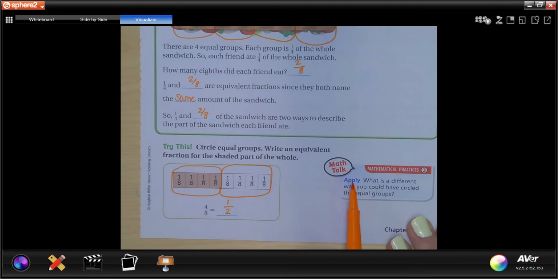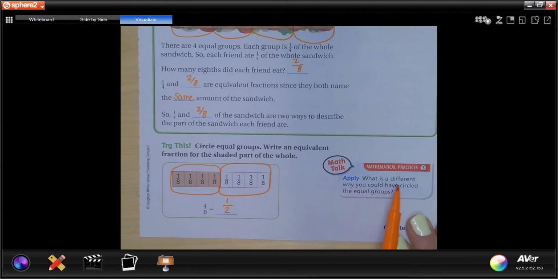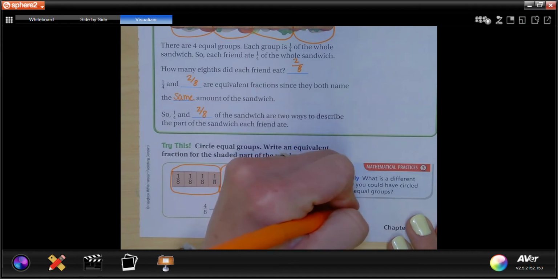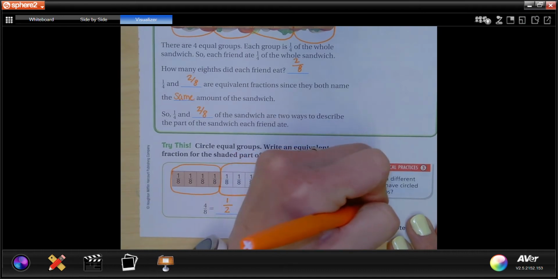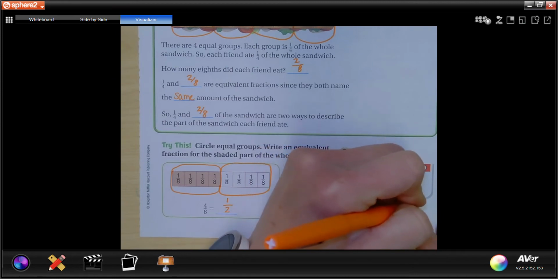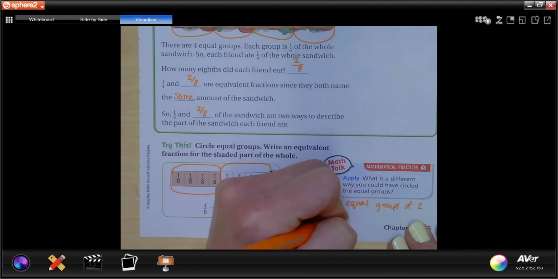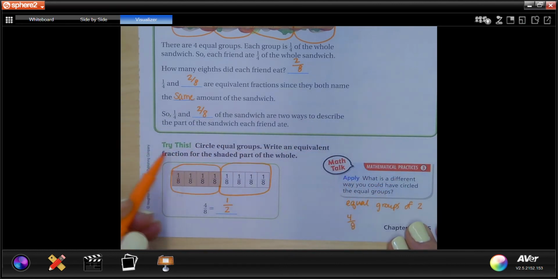Math talk. Apply. What is a different way you could have circled the equal groups? Well, we could have done equal groups of 2. So 4 eighths, we had equal groups of 2.